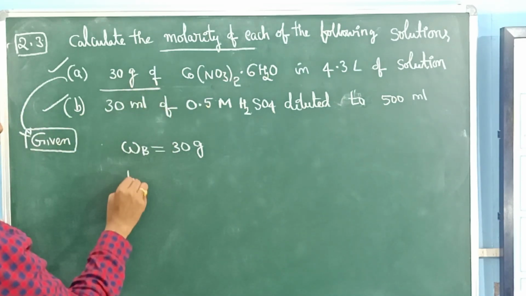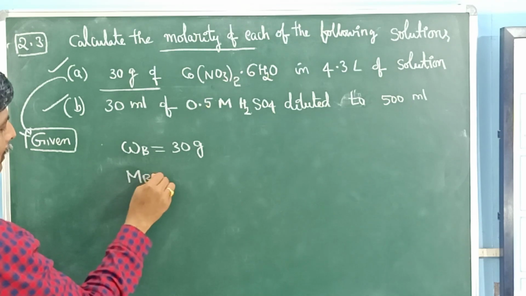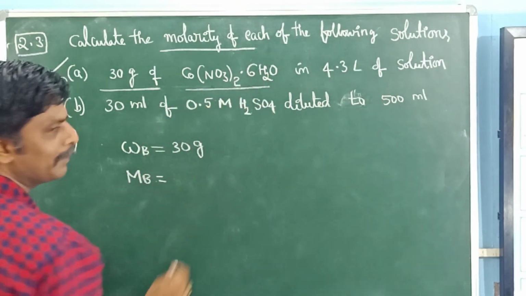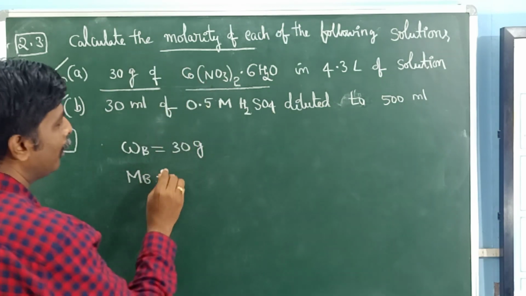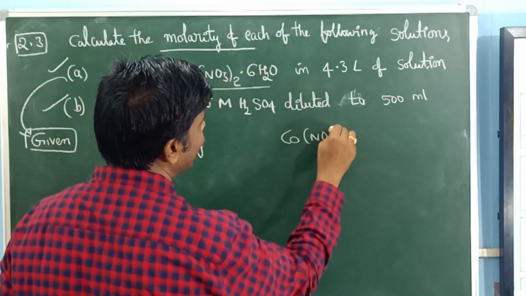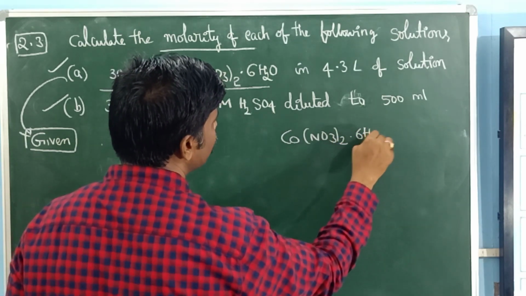What is MB? MB means molecular weight of solute. You have to calculate the molecular weight of this: Co(NO3)2·6H2O.